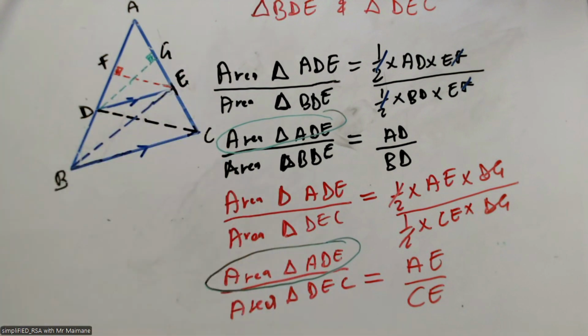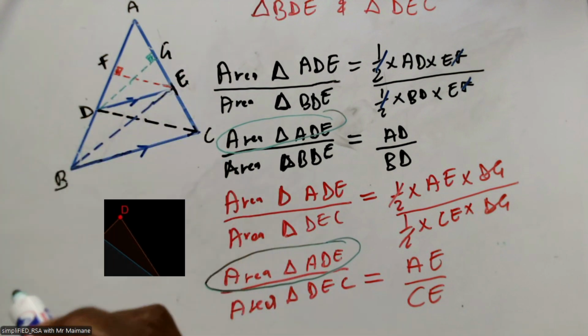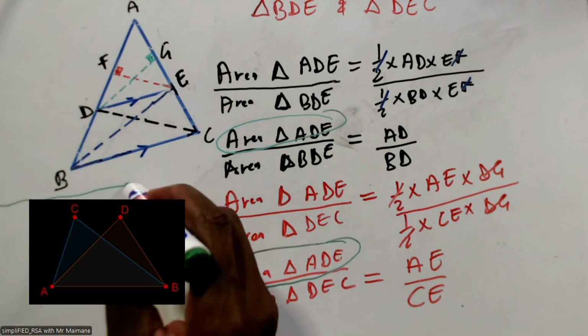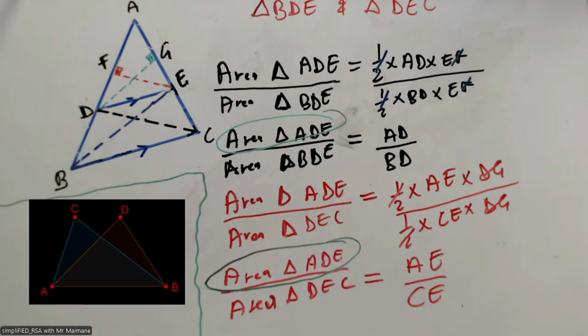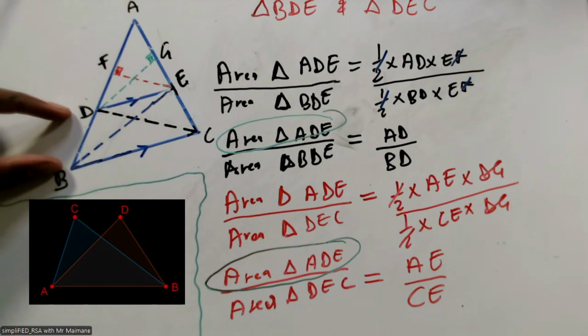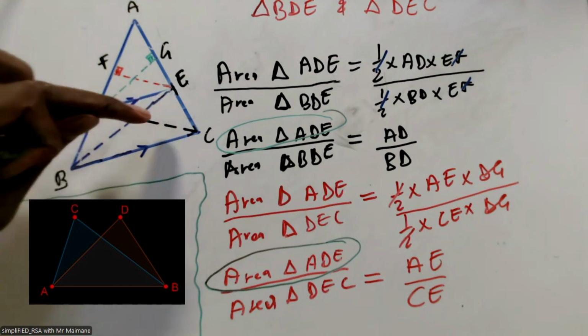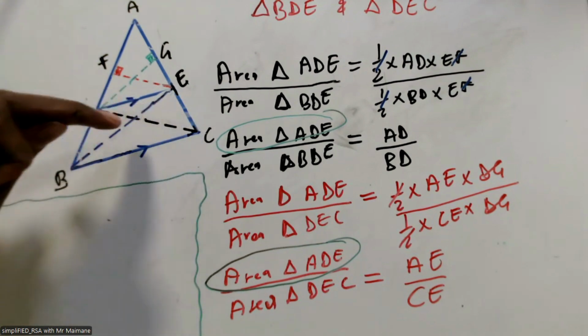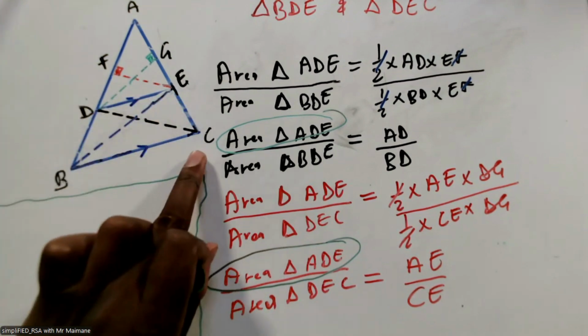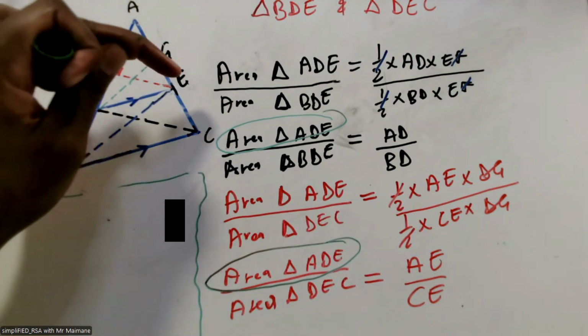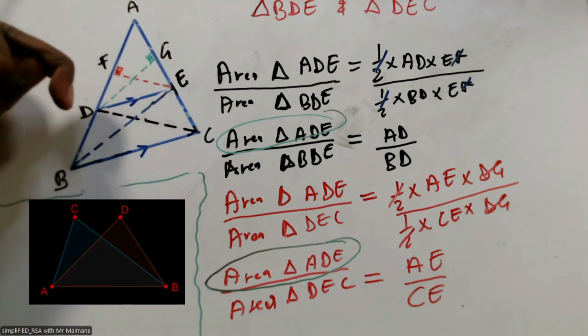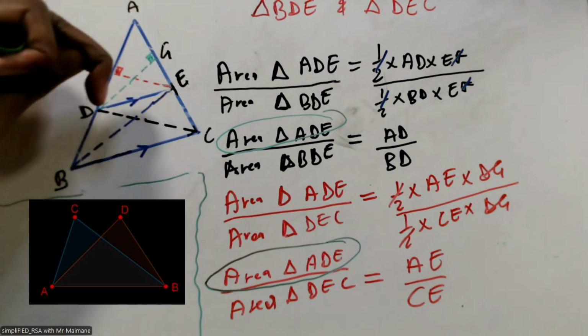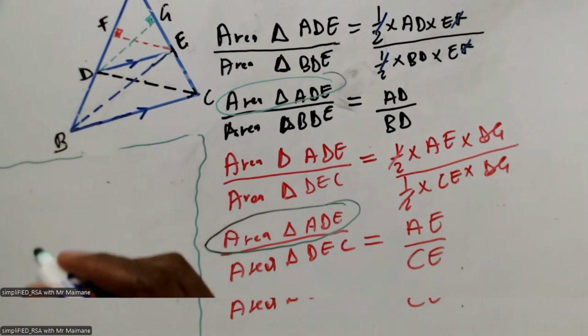But what did I tell you right now? I said to you, if two lines are parallel and the parallel lines happen to have two triangles inside that share the same base, the same base in this case would be DE.